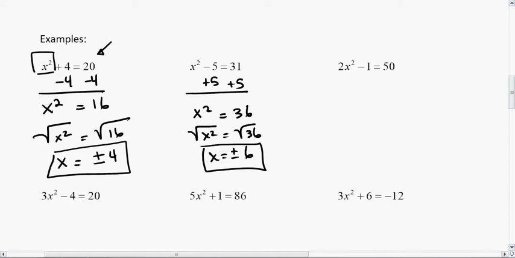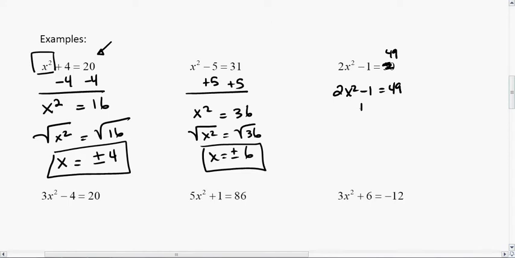Let's change this problem. It'll make it a little nicer, I think. Let's make it 49. So the equation I'm going to solve is 2x squared minus 1 equals 49. It'll just turn out a little bit more nicely for what we're trying to do here. So I've got two things to move to get that x squared by itself.